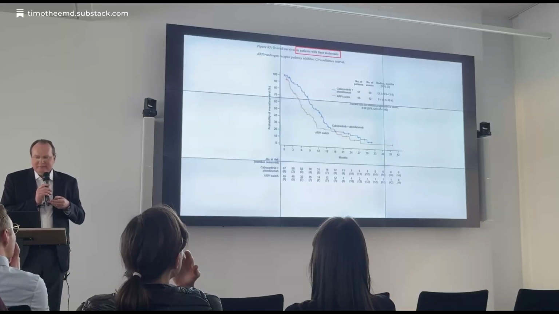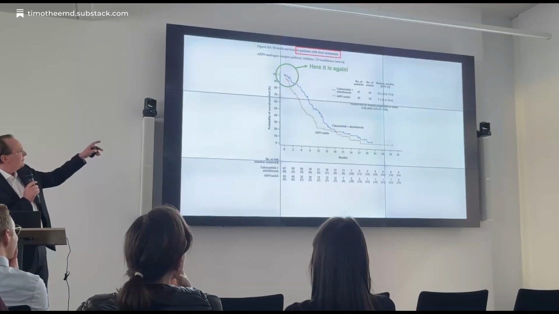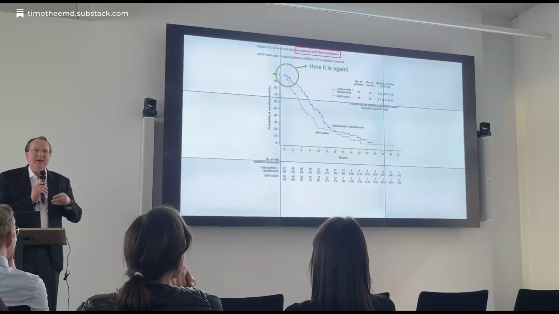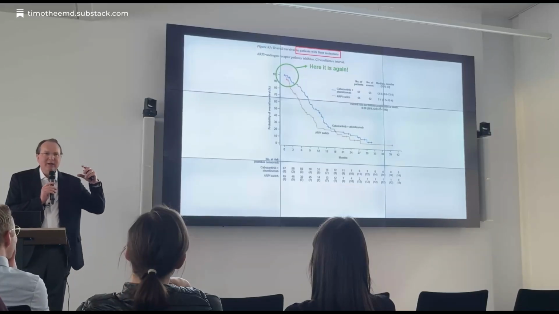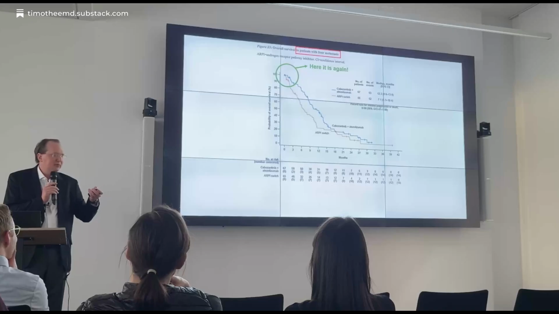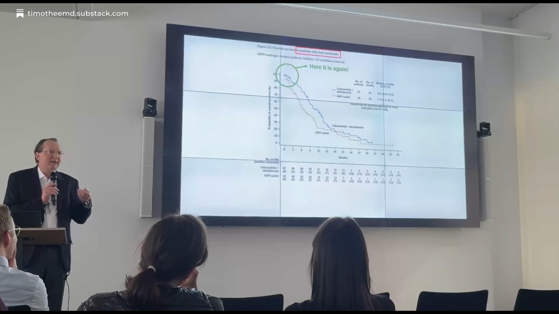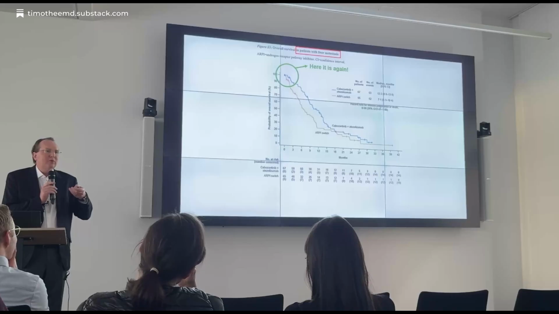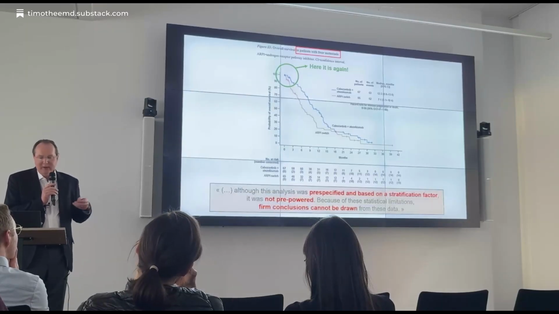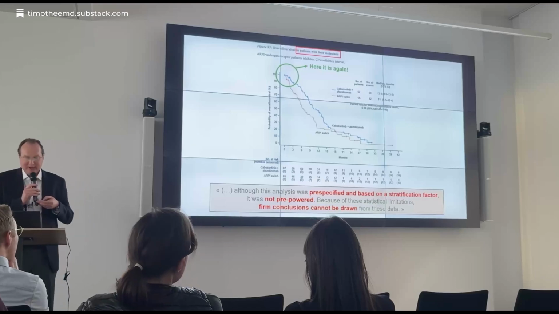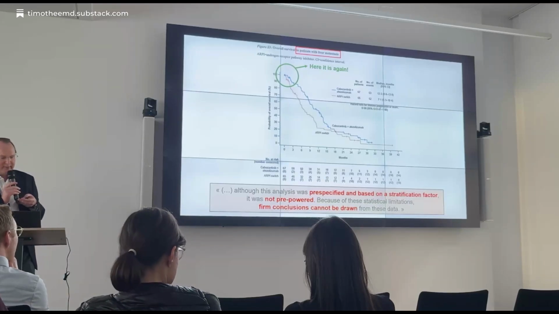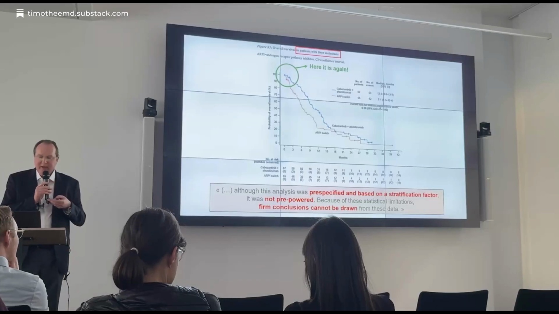And again, the shape, it's really separating very early, and it was not powered for that. So you should be very cautious, and this kind of result, I would tend to dismiss most of the time. And even in the paper, they said, although this analysis was pre-specified and based on a stratification factor, it was not powered, and no firm conclusions can be drawn.